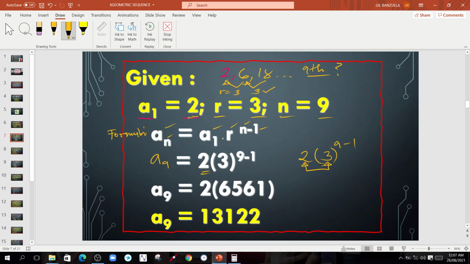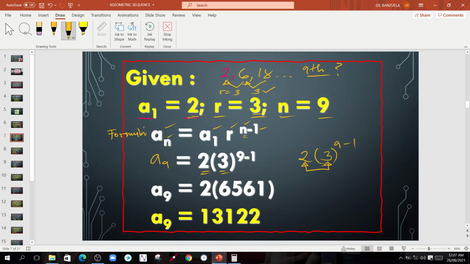So again, take note, yung a sub 1 natin ay hindi yung common ratio. So magkaiba sila, guys. So we have to treat them as unique, no? We have to put a parenthesis or grouping symbol. Alright? So plugging in the common ratio, which is equal to 3. Then of course, yung n natin is equal to 9.